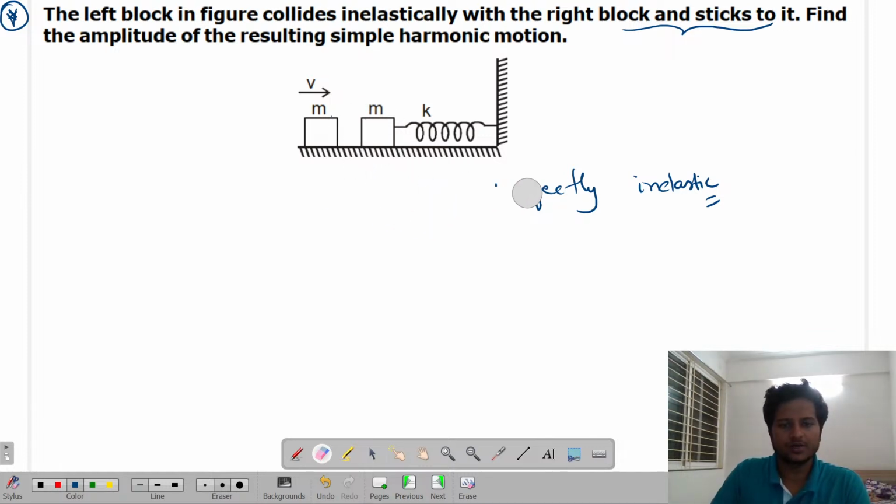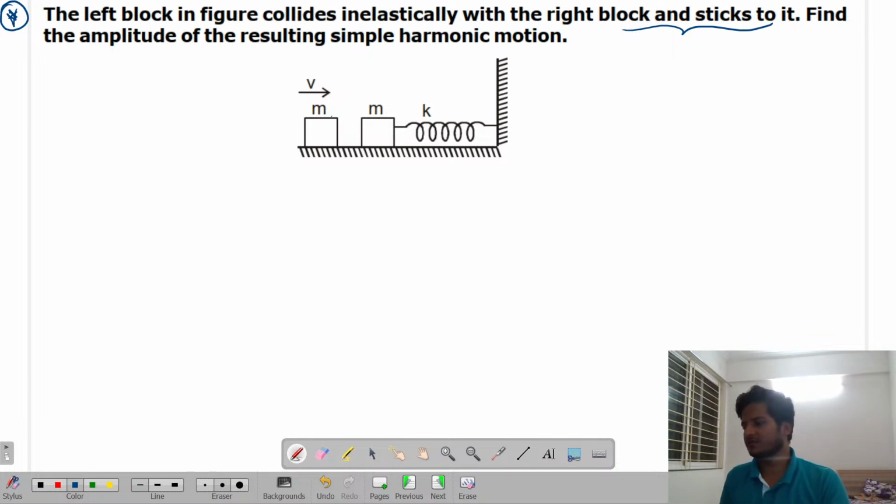Okay, so just try to do it and then I'll move ahead. Okay, you have 2 minutes of time. Try this, then I'll definitely help you in this.